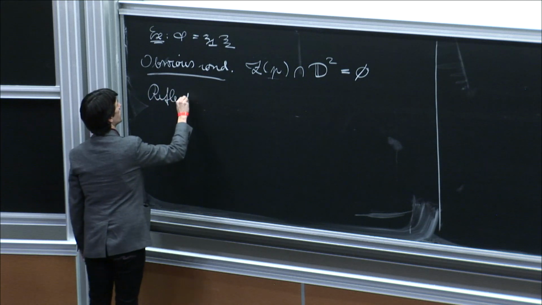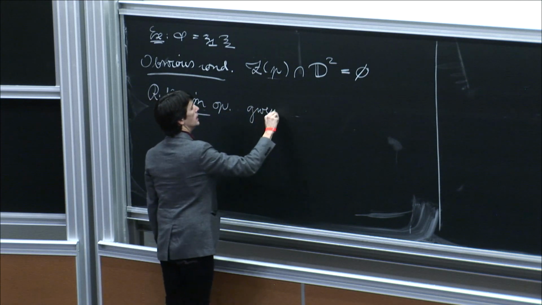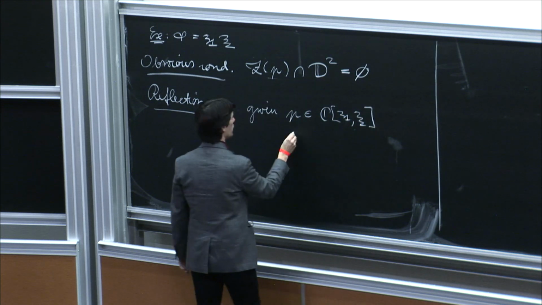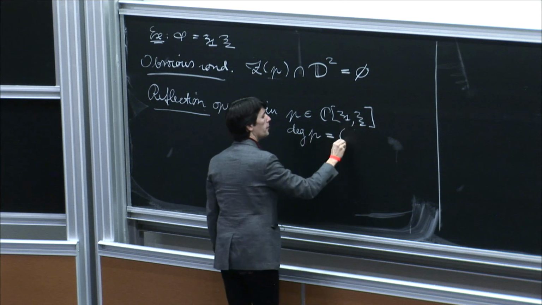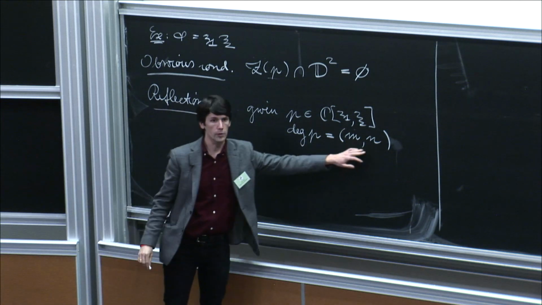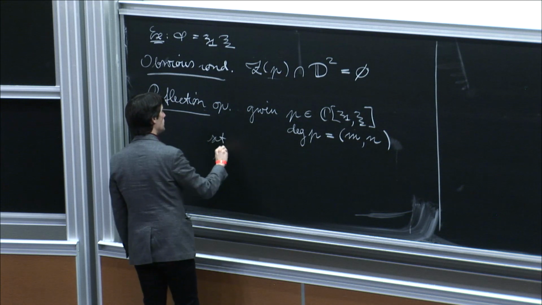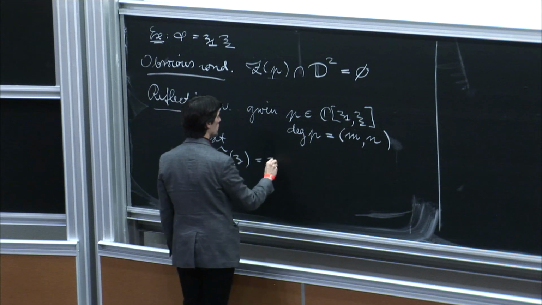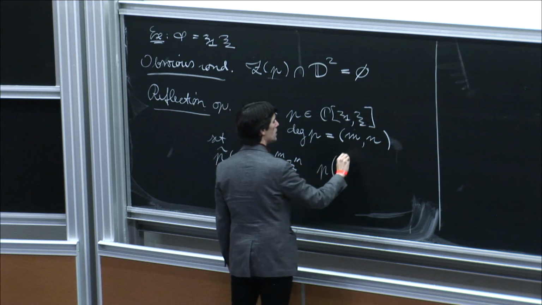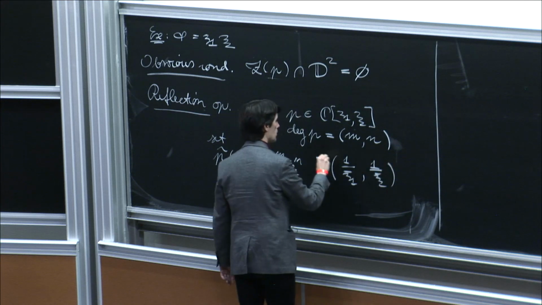Let me introduce a reflection operation on polynomials. So if we have some polynomial p in two variables of bidegree m and n, so for multivariable polynomials I will use bidegree throughout this talk, then we can set p tilde of z to be the polynomial z1 to the m, z2 to the n, times p of 1 divided by z1 bar, 1 divided by z2 bar, and then conjugate of all of that.